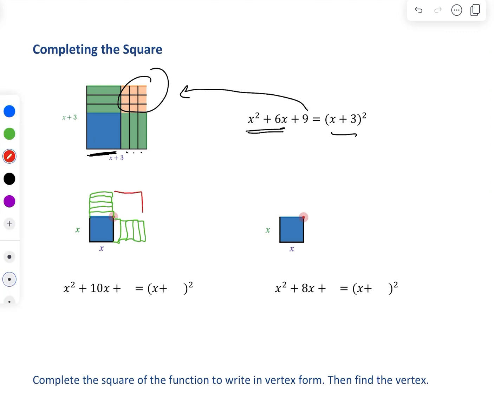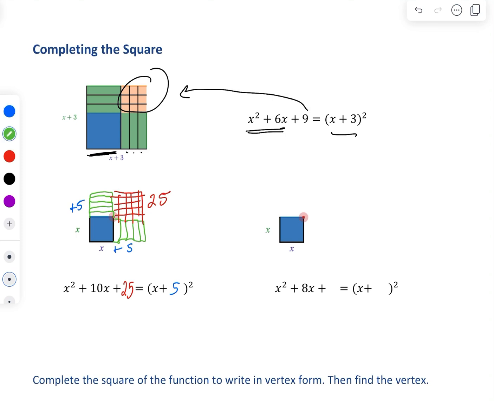And then we were looking to see what was up in that corner. So we want to know how many single units we would have here. So it's going to be a 5 by 5 square in there. So there's going to be 25 units in here. So we'd have a 25 in here. If I look at my dimensions here, I have x plus 5 rectangles there and plus 5. So those are single 5 units. So we have x plus 5.